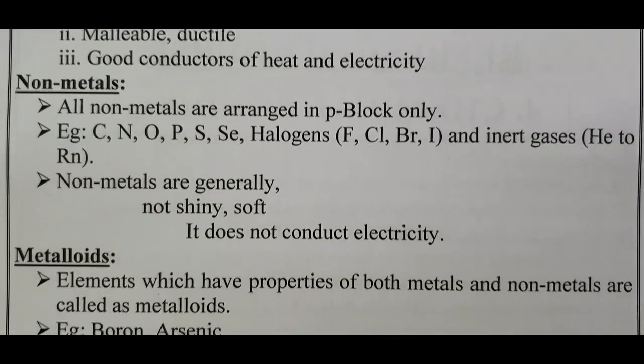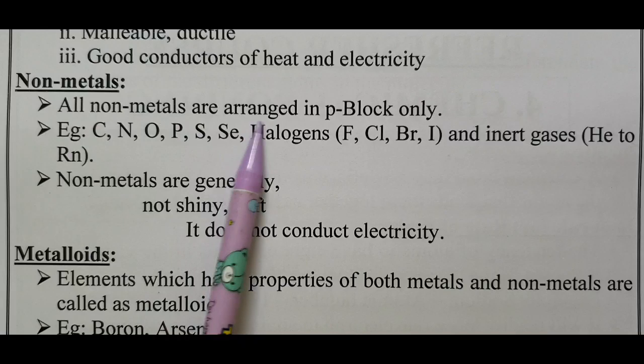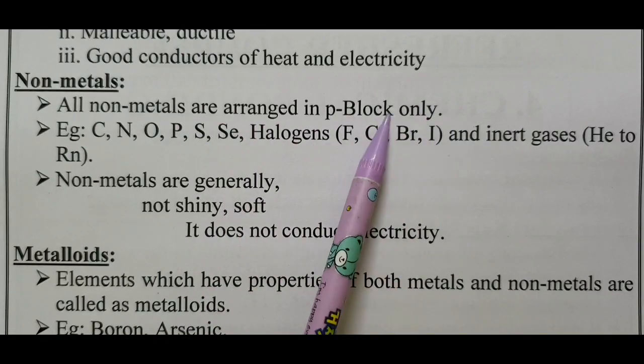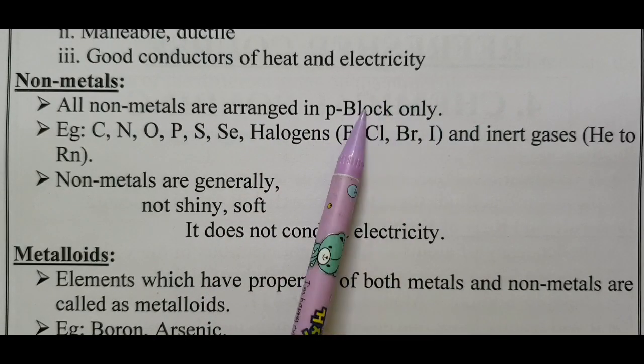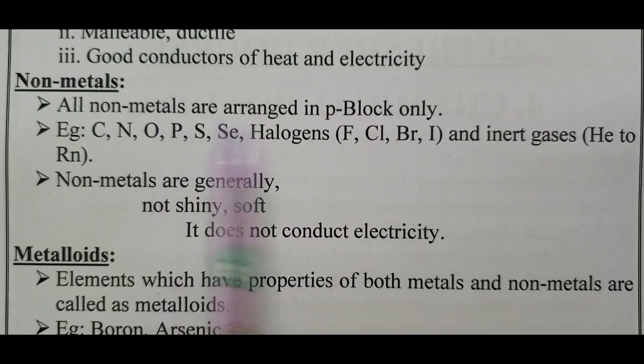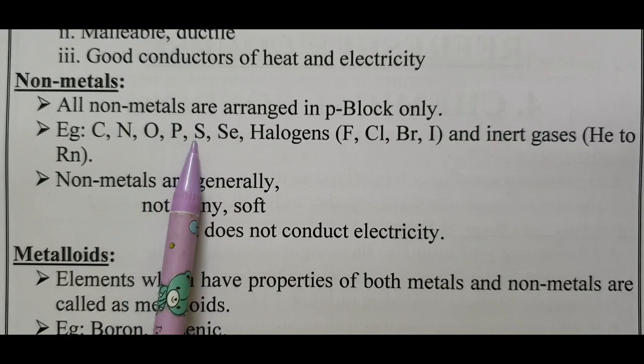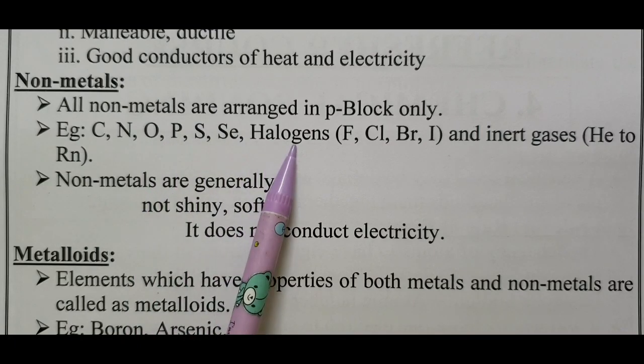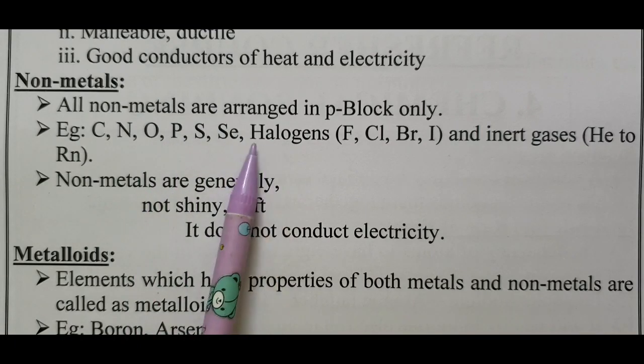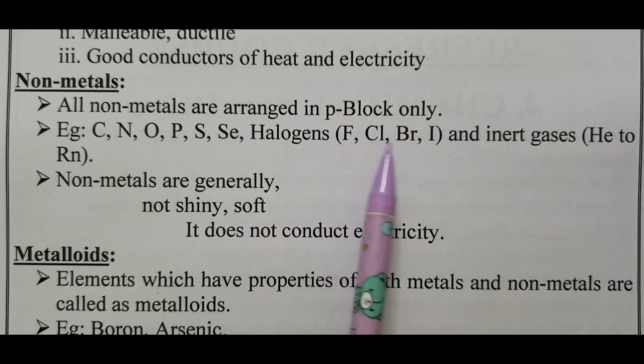Come to non-metals. All non-metals are arranged in the P block only. In S, D, F there are no non-metals. Examples: carbon, nitrogen, oxygen, phosphorus, sulfur, selenium, halogens. What are halogens? Salt producers: fluorine, chlorine, bromine, iodine.